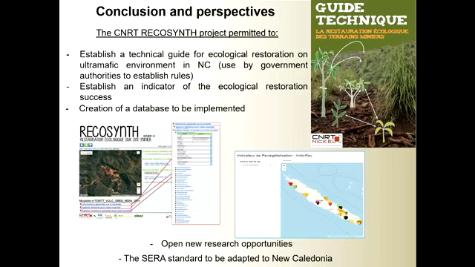And finally, the gaps highlighted permitted to consider a new research project, and the next step for us is to adapt the SER standard to New Caledonia. But as a first step, I was just informed that the SER standard has been translated into French and is accessible on the SER website.